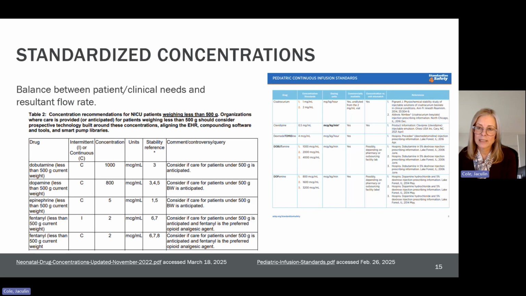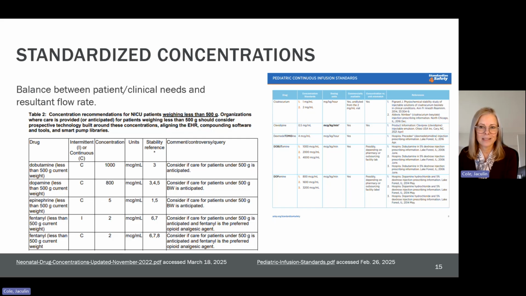An important concept in achieving the minimum recommended flow rate is to use infusion concentrations that will usually achieve or exceed the minimum recommended flow rates for most of the doses that you use. And the ASHP Standardize 4 Safety Initiative and the Vermont Oxford Neonatal Network both provide recommendations for standardized concentrations.